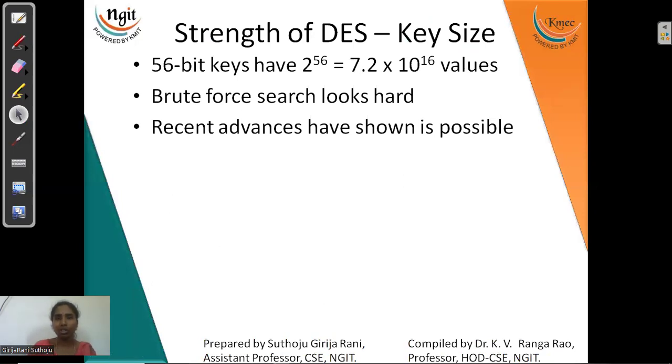Coming to the strength, we have only one strength, and again the strength and the weakness are the key size. 2 to the power of 56 itself, compared with traditional ciphers, makes DES a strong cipher, as we are going with the product cipher. Brute force looks very hard because 2 to the power of 56 is about 7.2 times 10 to the power of 16 values.